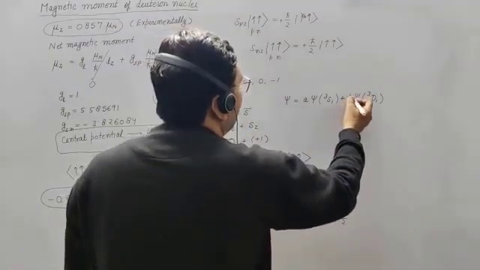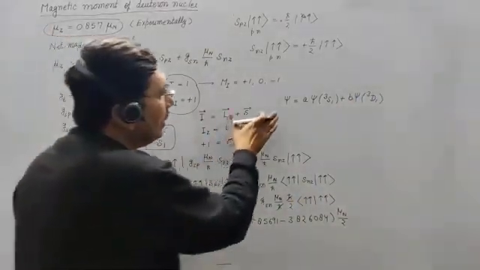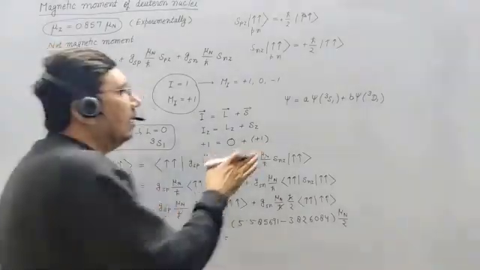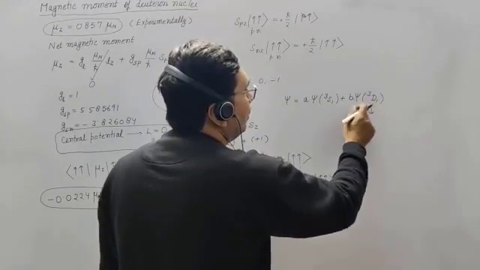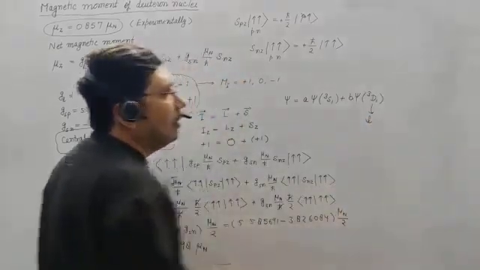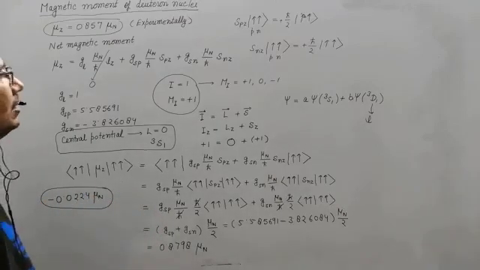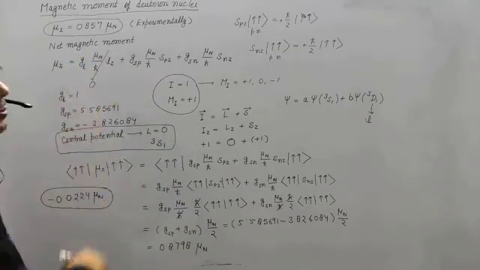If we assume that the ground state of the deuterium nuclei is an admixture of these two states, then this 3D1 state will contribute to L. Due to this 3D1 state, there will be some orbital angular momentum, and due to that orbital angular momentum, there will be some magnetic moment. So this term will start contributing.